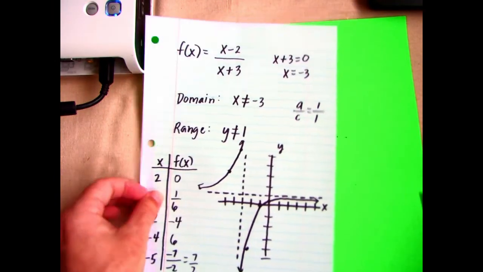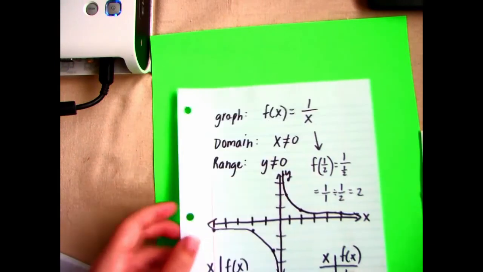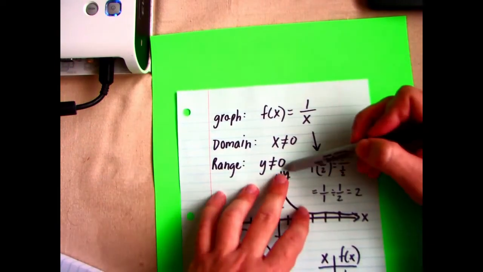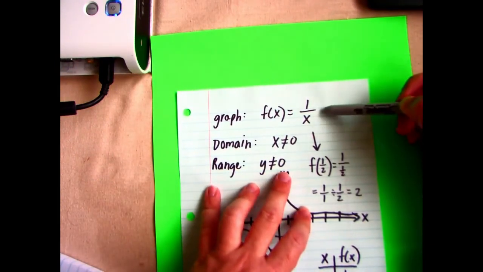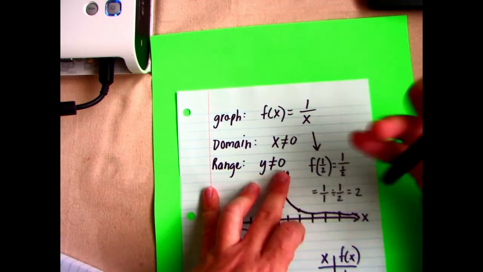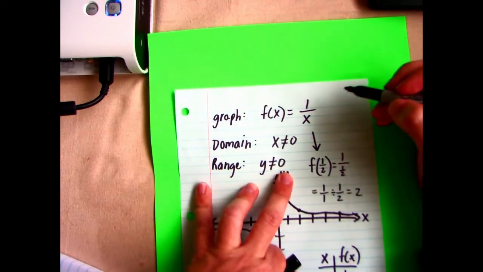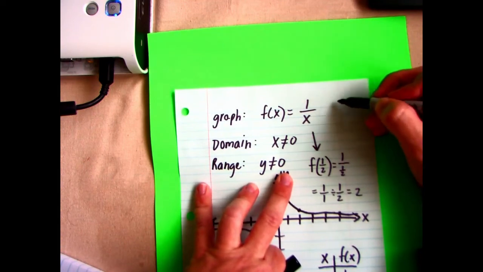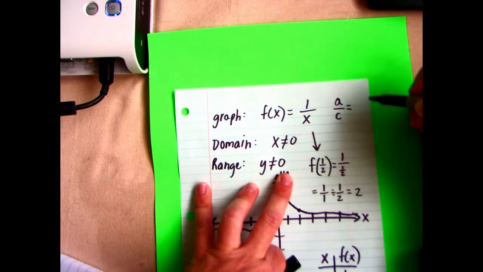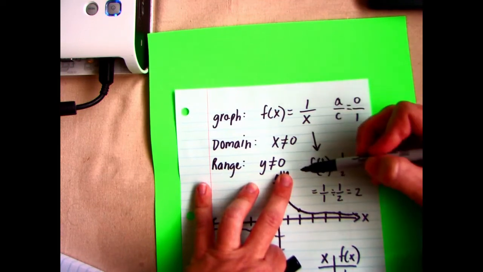So let's look at that range concept of A over C in my first problem. In our first problem, we said the range was y could not be 0. Well, let's look at it as A over C. If it's 1 over x, the number in front of x in the numerator is actually 0.